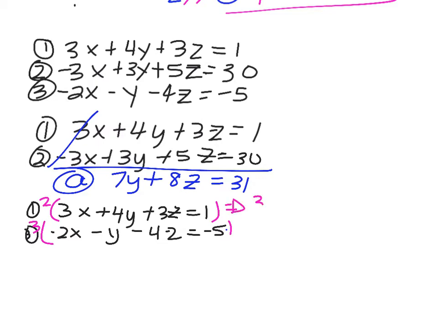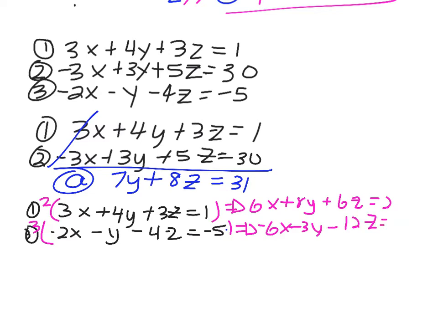All right, so I get 6x plus 8y plus 6z equals 2. And negative 6x minus 3y minus 12z equals negative 15.